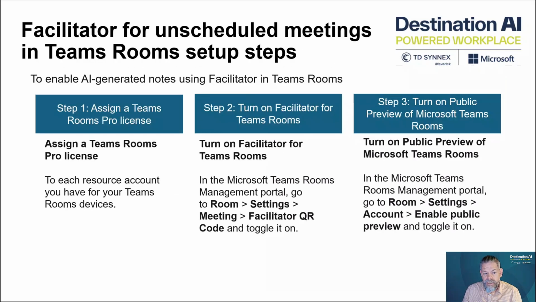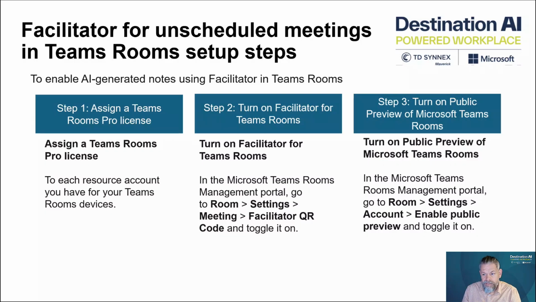For unscheduled meetings, what we need is the ability to apply that Teams license to the device, turn on Facilitator for the rooms, and then turn on the public preview. That allows us to have unscheduled meetings where I walk up, scan it with my phone, and join that meeting as an ad hoc participant.